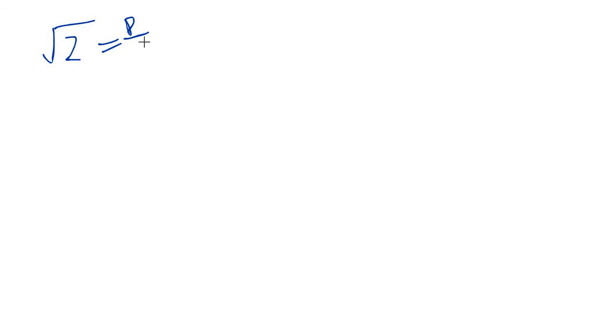So you may be wondering, why are we doing this? Why are we writing this as p over q? What we're doing is something called proof by contradiction. Proof by contradiction is basically assuming the thing that you don't want to prove. So we're assuming that the square root of 2 is rational.